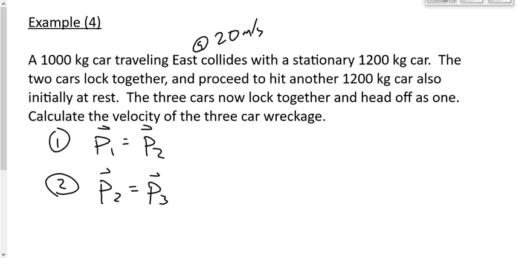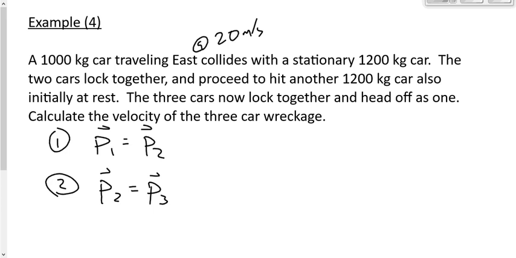Okay, so if P1 is equal to P2 and P2 is equal to P3, isn't P1 equal to P3? Right? So why can't we just look at this as one big thing? Guys, this absolutely is correct.